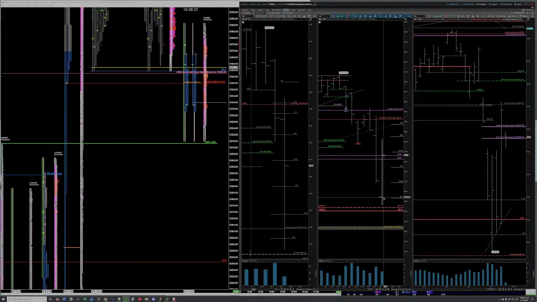I don't think that we have seen a low yet, but we have a range now. Right? The market is printing a range.